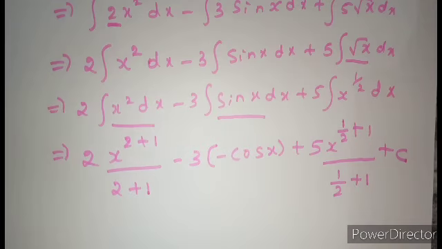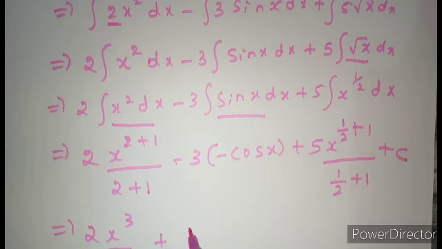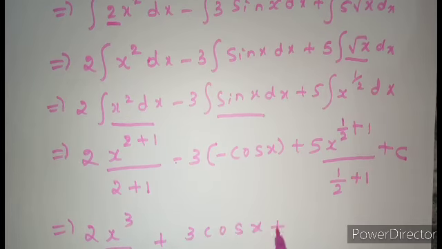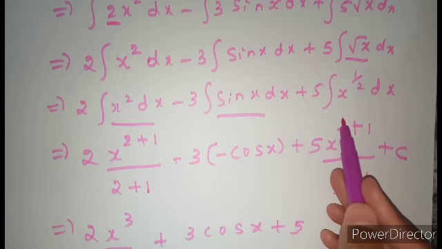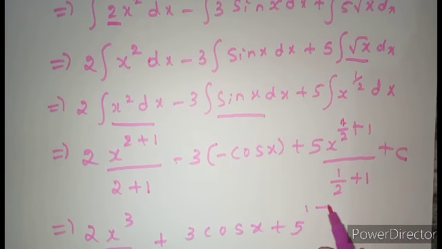This implies 2 x power 2 plus 1 is 3 upon 3, minus into minus is plus 3 cos x plus 5, x power 1 by 2 plus 1 is 3 by 2, upon 3 by 2, plus c.